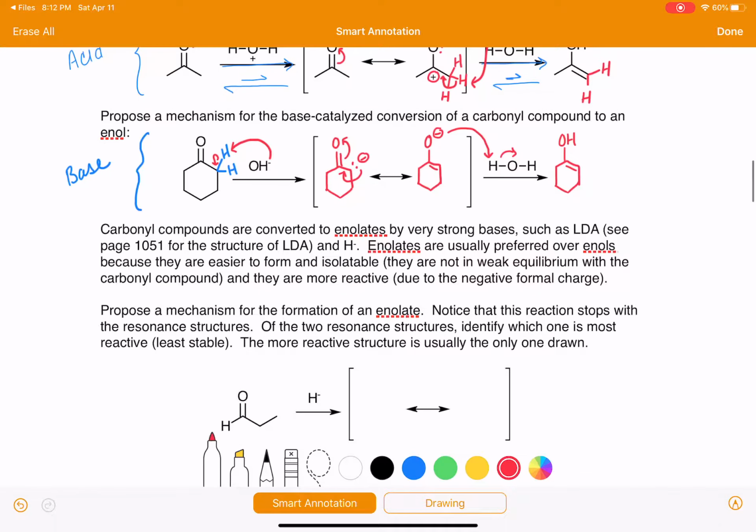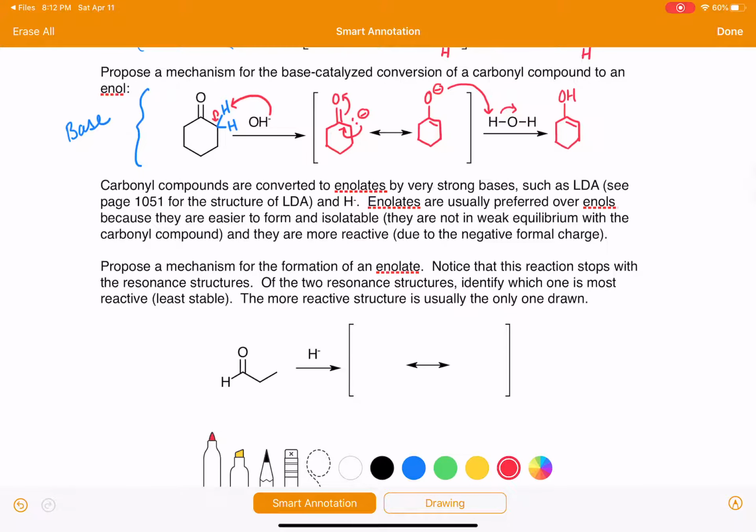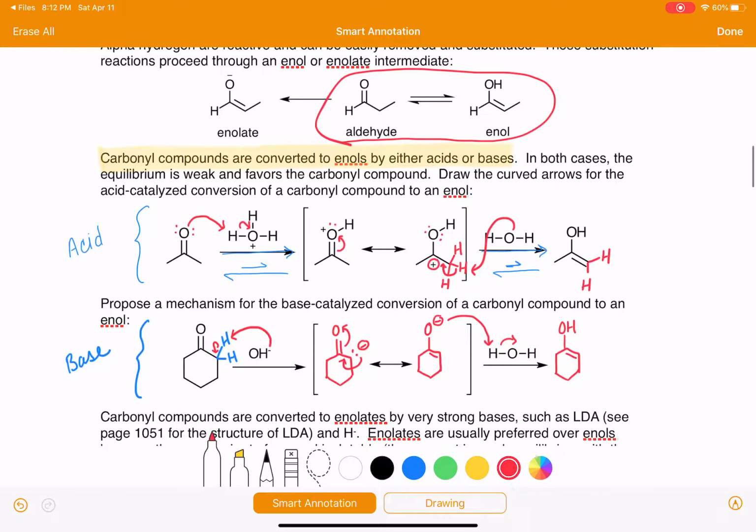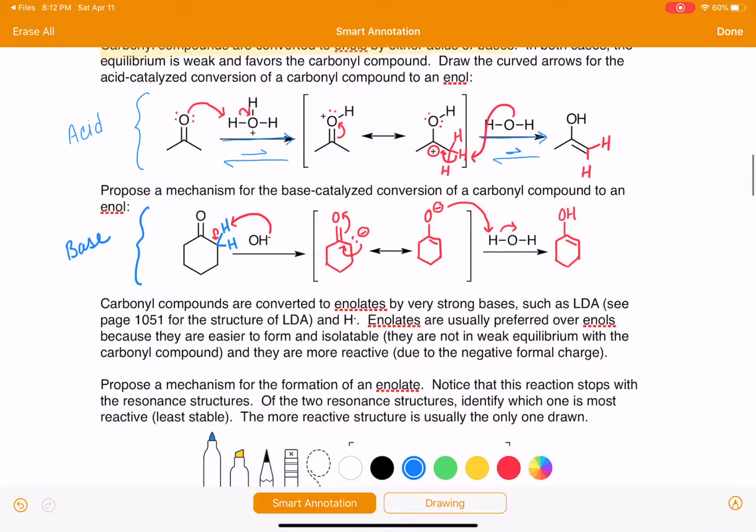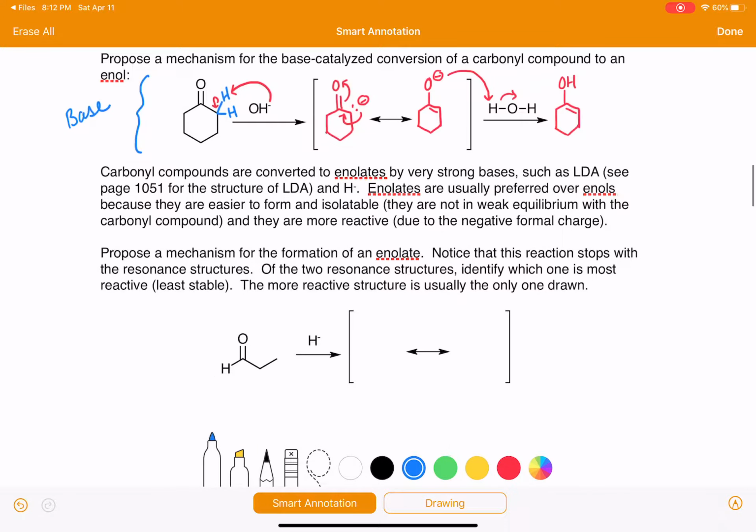We can also convert carbonyl compounds to enolates. So the enolate, that would be doing this reaction right here if we wanted an enolate instead of an enol. If we want to do this, we can only do this under basic conditions, and it needs to be a very strong base.